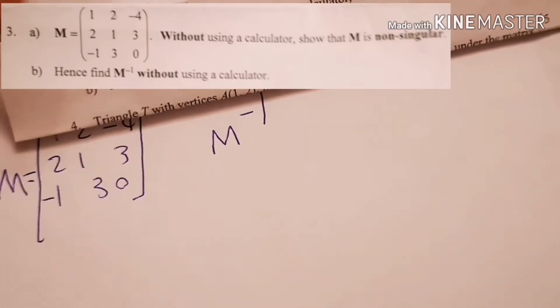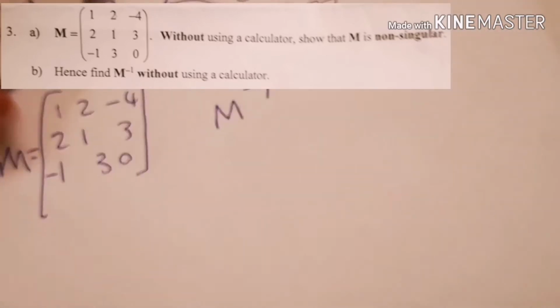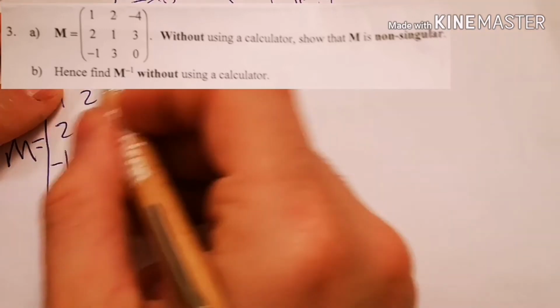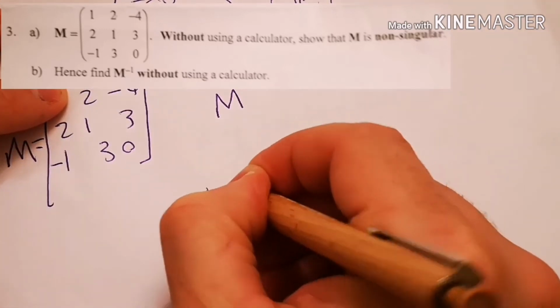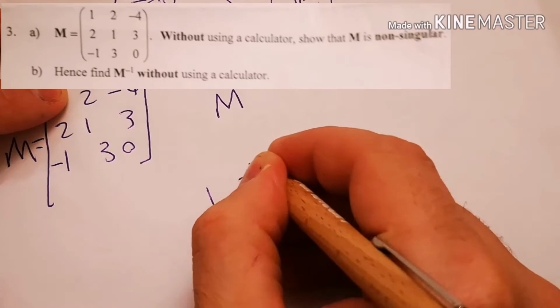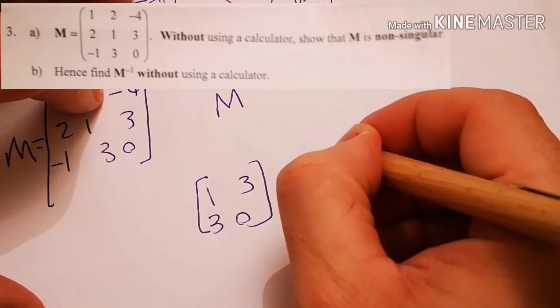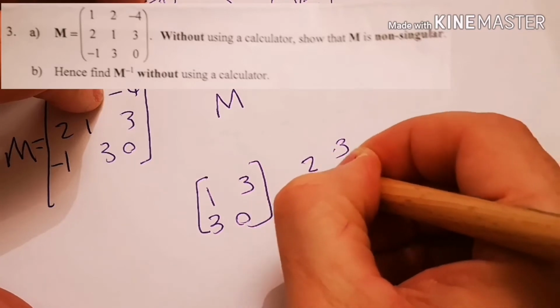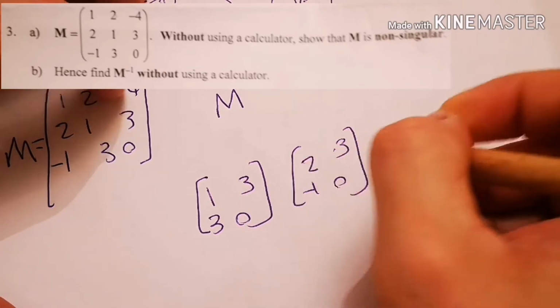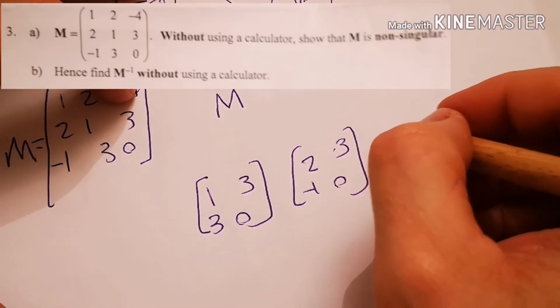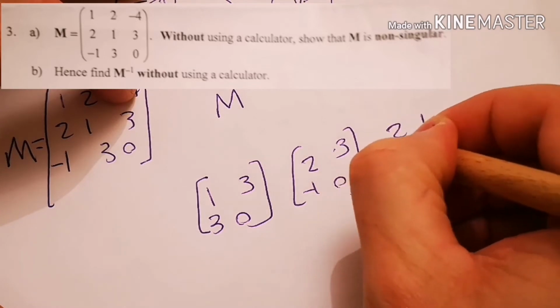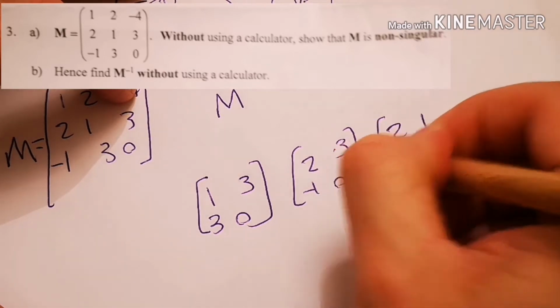Right, so the first thing I'll do is find the matrix of minors. The first one is 1, 3, 3, 0. I'm ignoring these two, which makes it 2, 3, minus 1, 0. Then that one there is going to be 2, 1, minus 1, 3.